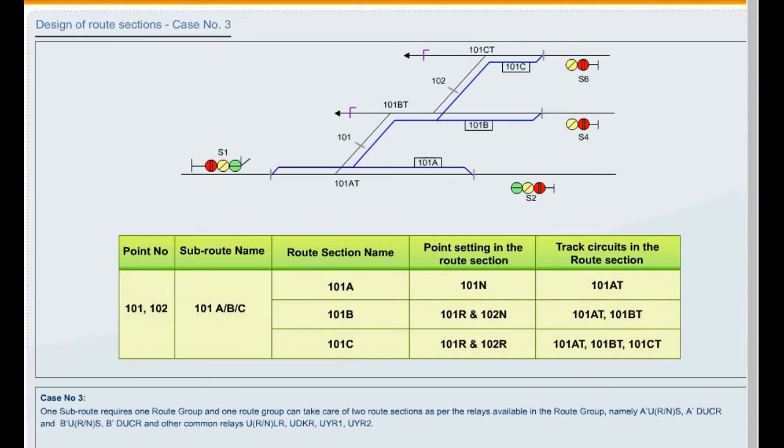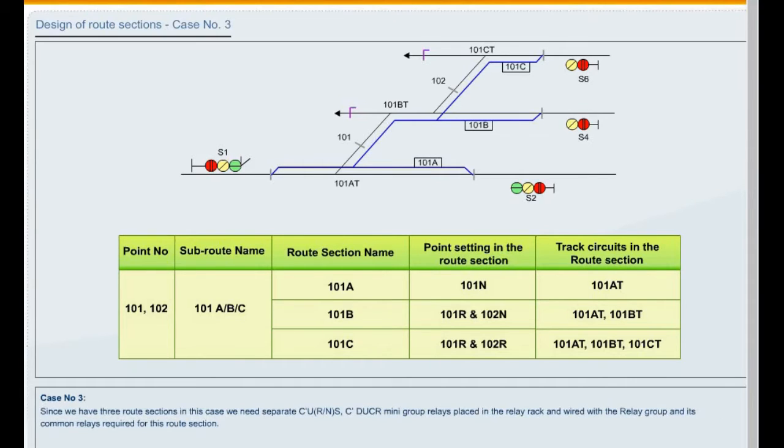One subroute requires one route group, and one route group can take care of two route sections as per the relays available in the route group, namely A URS by UNS, A DUCR and B URS by UNS, B DUCR and other common relays, URLR by UNLR, UDKR, UYR1, UYR2.